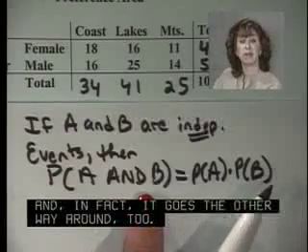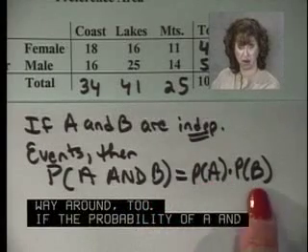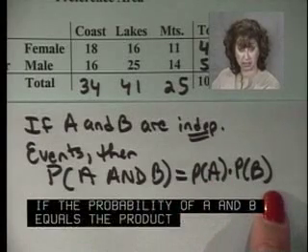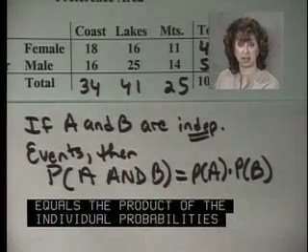If the probability of A and B equals the product of the individual probabilities, then they are independent events.